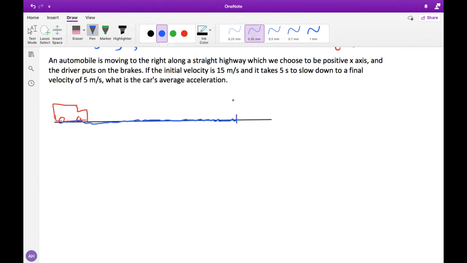And so we know the final velocity over here is going to be 5 meters per second. Our initial velocity, this starts right here, is going to be 15 meters per second.